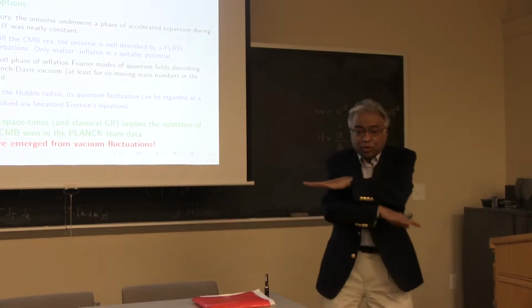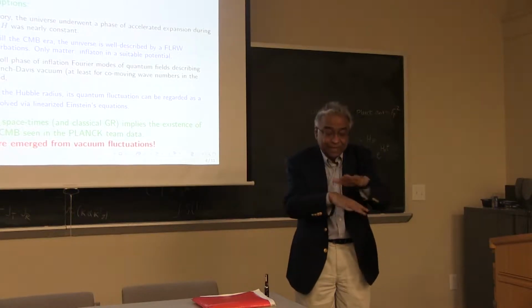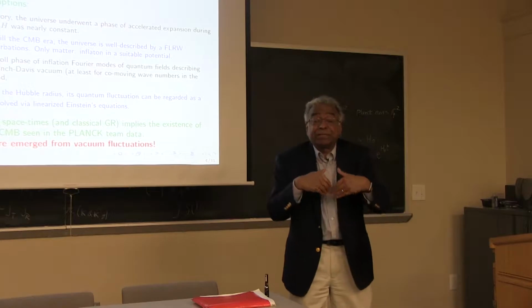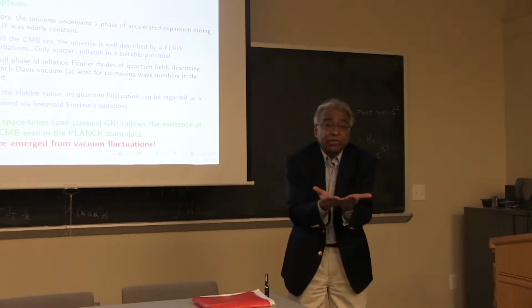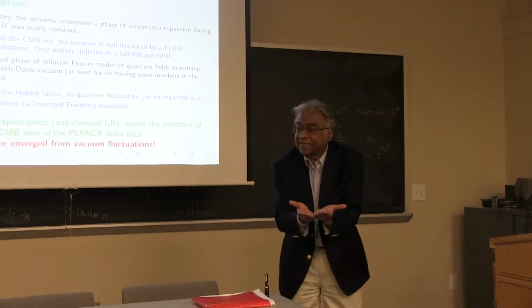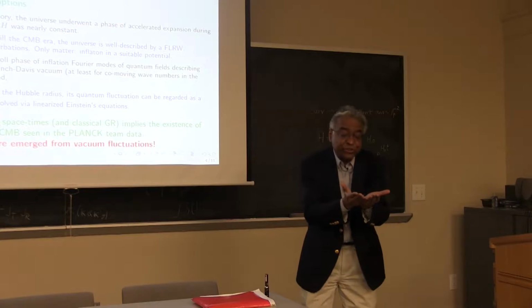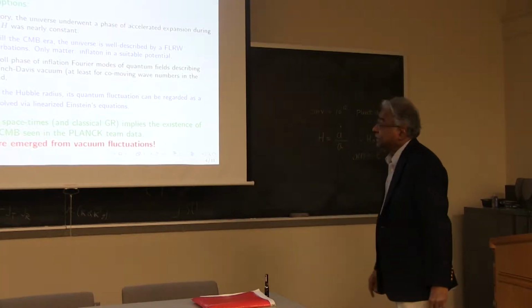You've got a background space-time, which is Friedmann-Lemaître-Robertson-Walker space-time, but then there are cosmological perturbations. We treat them as quantum fields, and we assume that they are in the vacuum state. So they are as little excited in some sense as possible. But which vacuum state? Well, it is a vacuum state which is compatible with the de Sitter invariance up here.